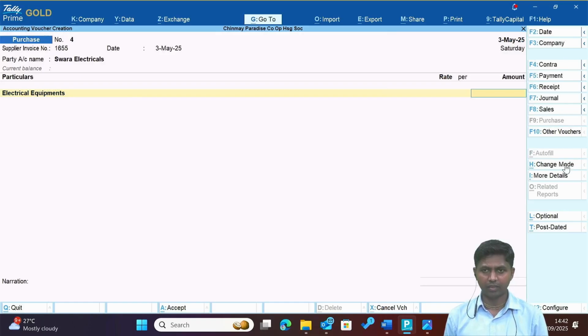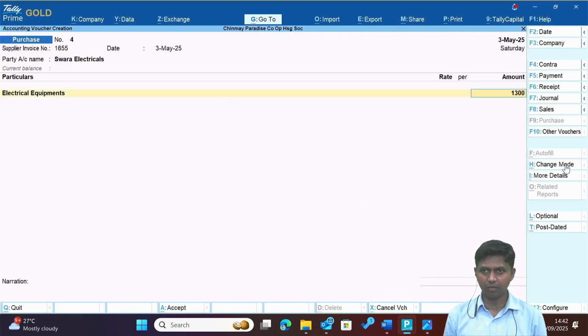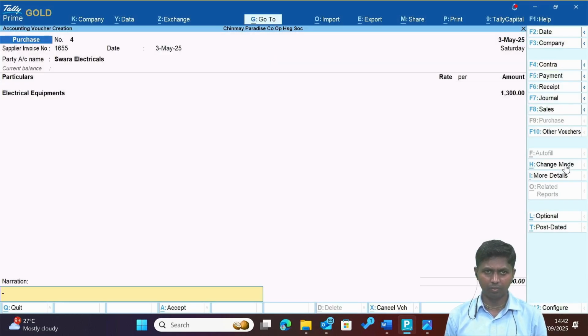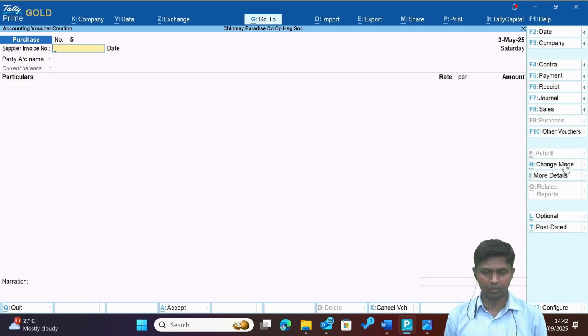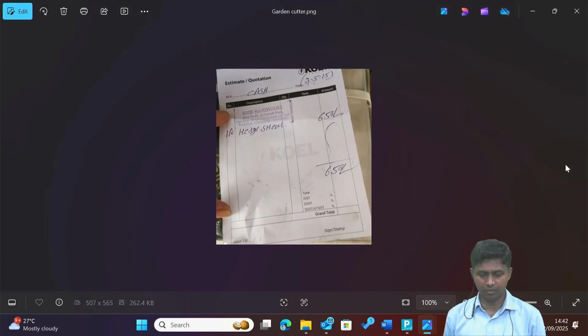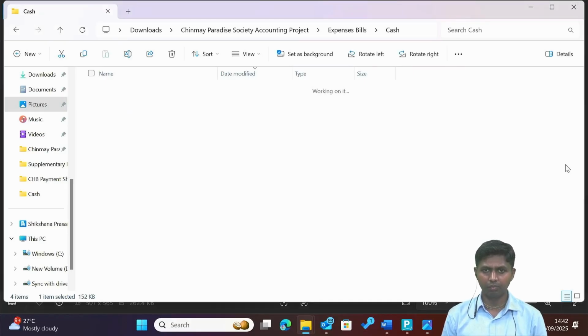Select that, accept it, and then amount of electrical equipment, that means fan 1300, and then reference number, whatever tally has given you, just accept that. Now here you can write table fan purchased. Okay, over, this entry is over. After this entry, you can check for the project, all three entries we have passed.